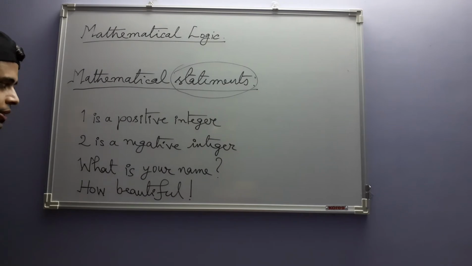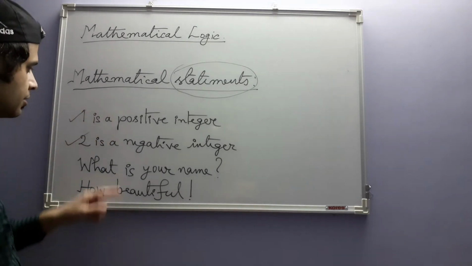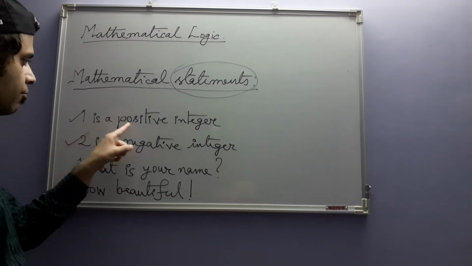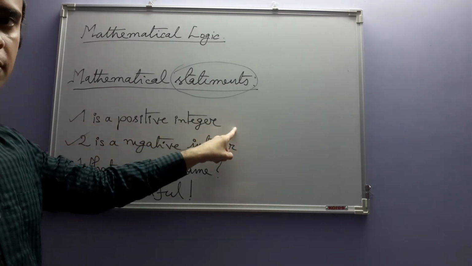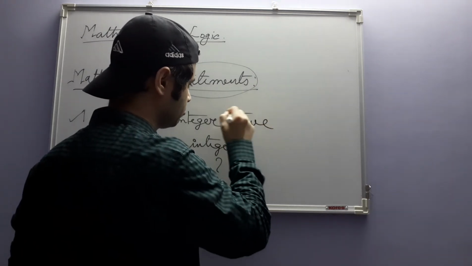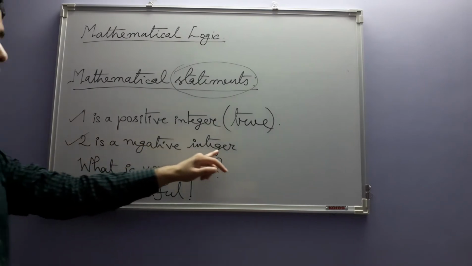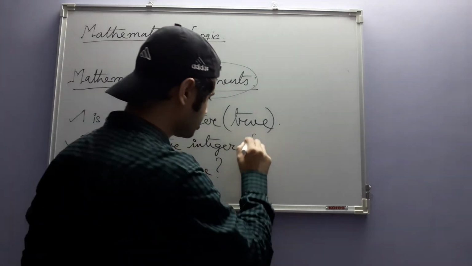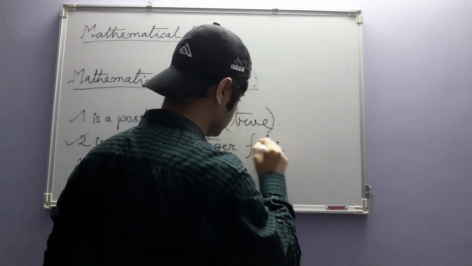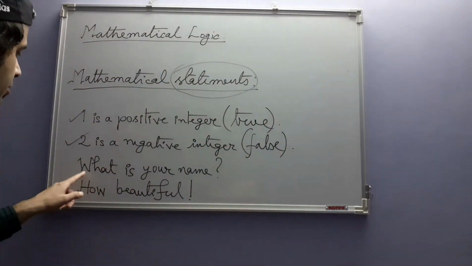Among these 4 sentences, the first 2 are statements. The first one says that 1 is a positive integer. It is true. The second one says 2 is a negative integer. This is false. Although it is false, it is still a statement.